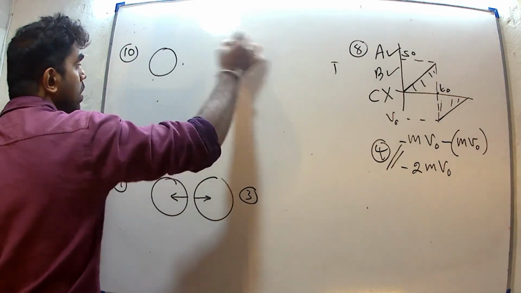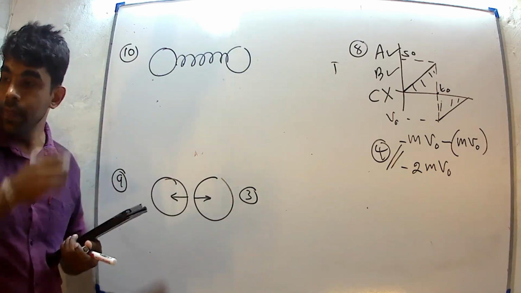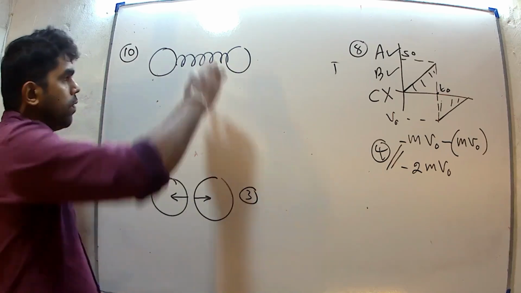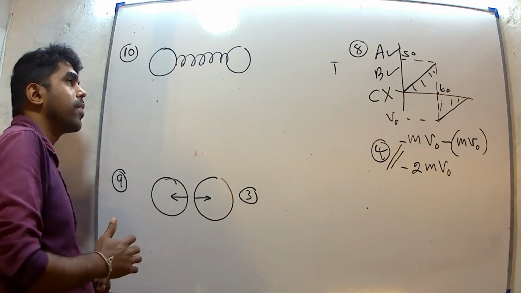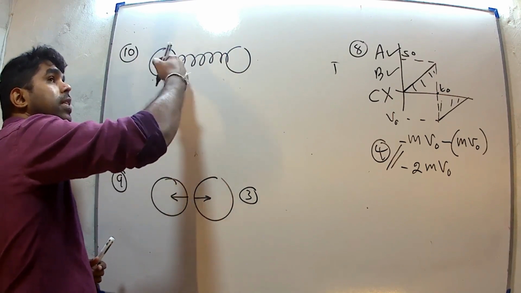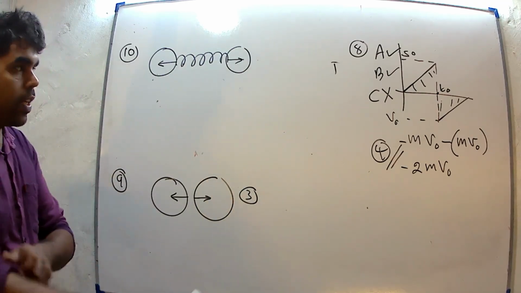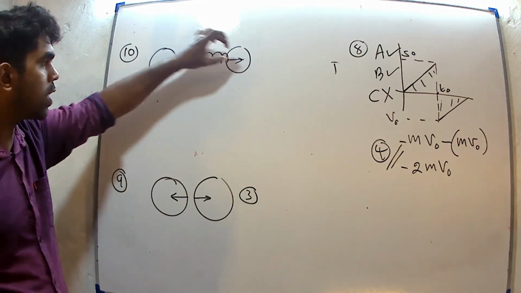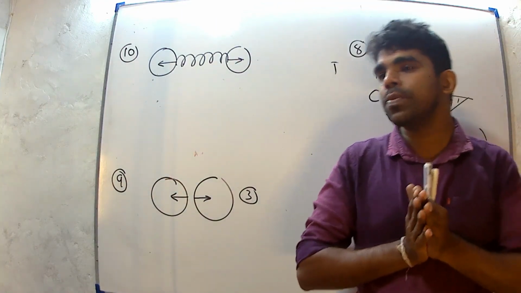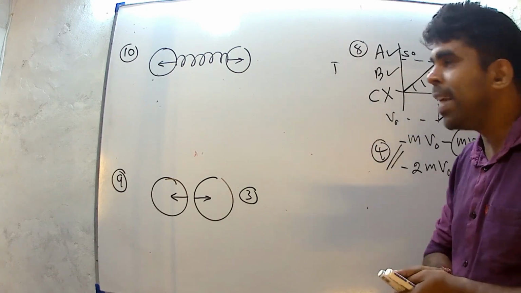For the first situation and second situation, there is no external unbalanced force on the system. When the string is cut, there is a force due to the spring on this mass and an equal force on this mass. Therefore, we can consider these two forces are cancelling out, and there is no external unbalanced force on the system. Therefore, momentum should be conserved.